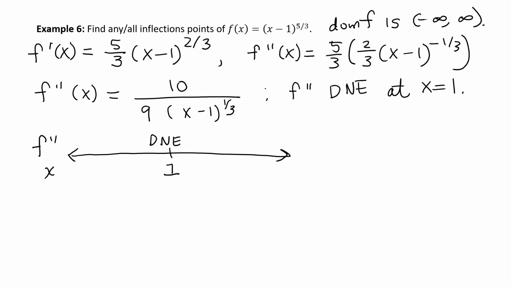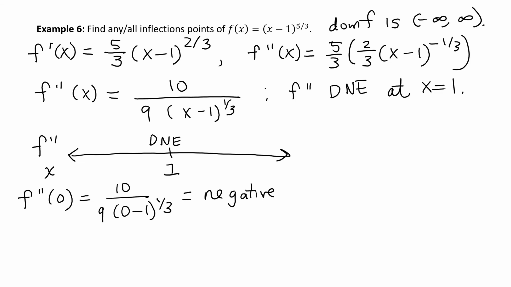Let's do that. Second derivative, let's evaluate that at 0. That would be 10 in the numerator, 9 in the denominator, 0 minus 1 to the 1/3. The only number of consequence for us is the negative 1 to the 1/3, which tells you it's going to be negative. So the region to the left of 1, the second derivative is negative.